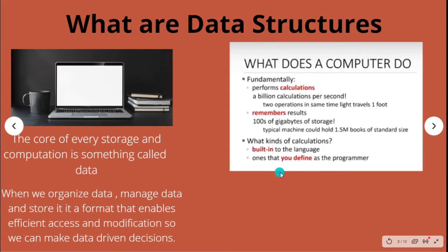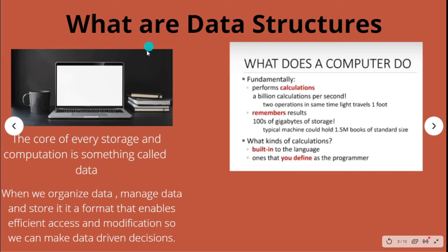It performs calculations, and it performs them extremely fast. 1 billion calculations per second. So that is extremely fast. And number two, it remembers results. It has a storage. It stores. So at the core of every computer is storage and computation of something we call data.